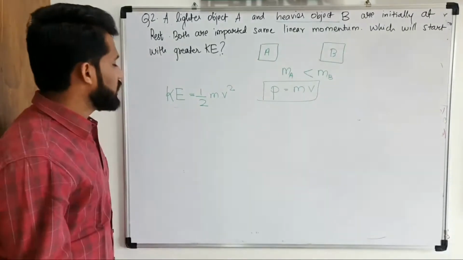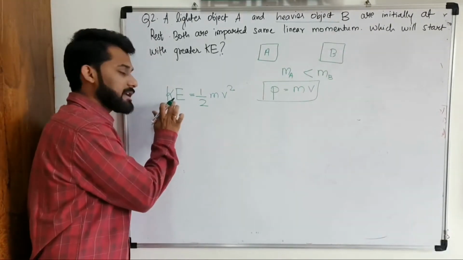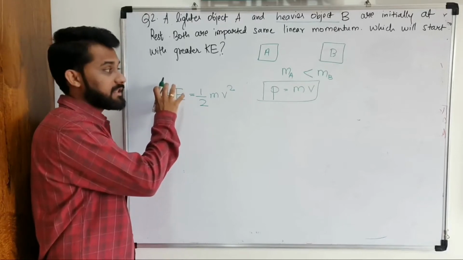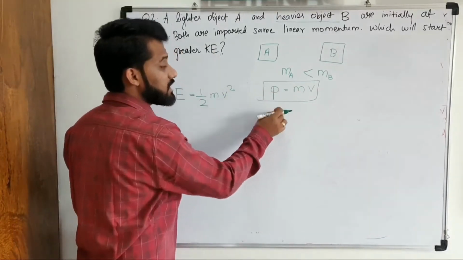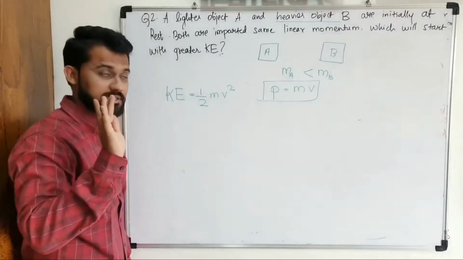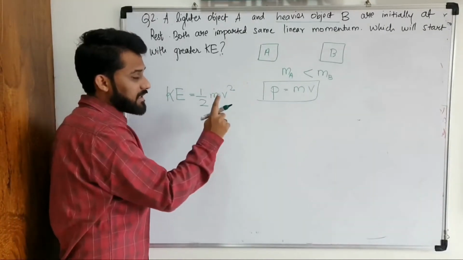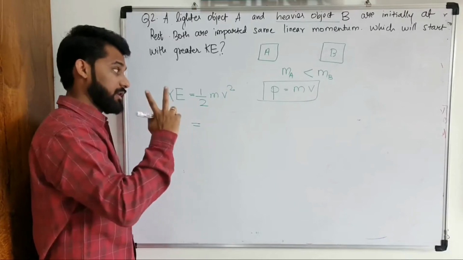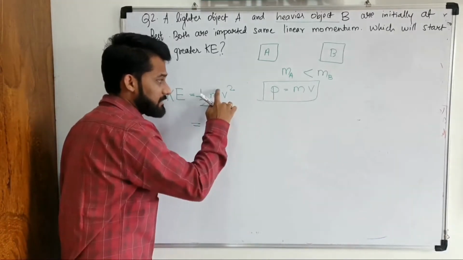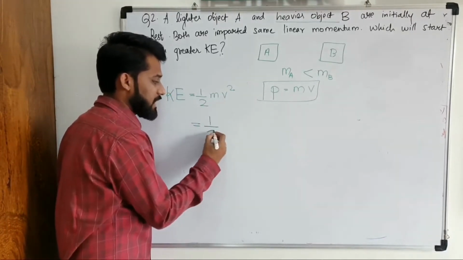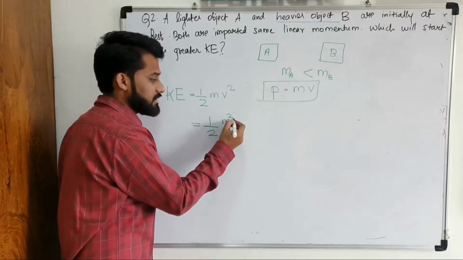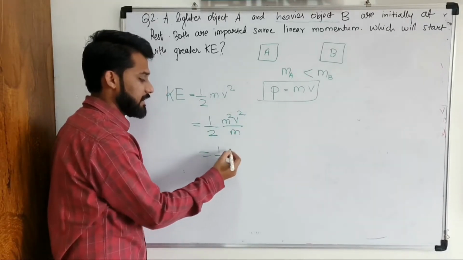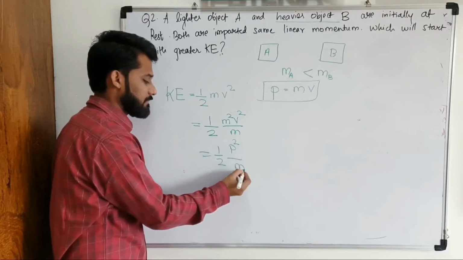So to compare kinetic energy, somehow I will write the equation of kinetic energy in terms of linear momentum, because I am sure the linear momentum is constant. I can do it by two ways. I can multiply by mass, divide by mass. It will become half m square v square by m, which is half p square by m.